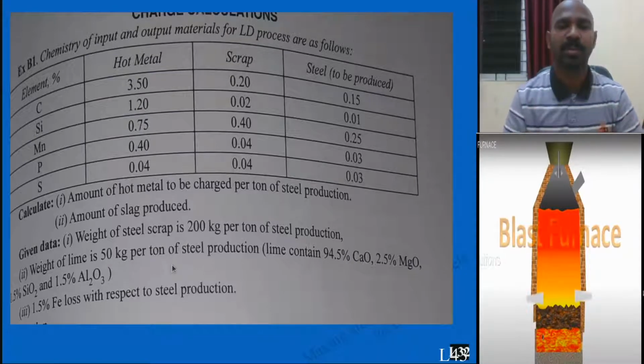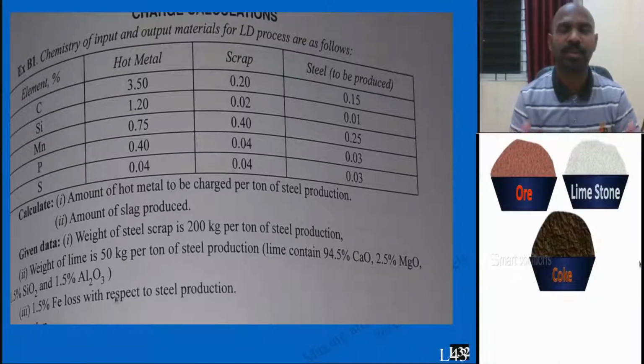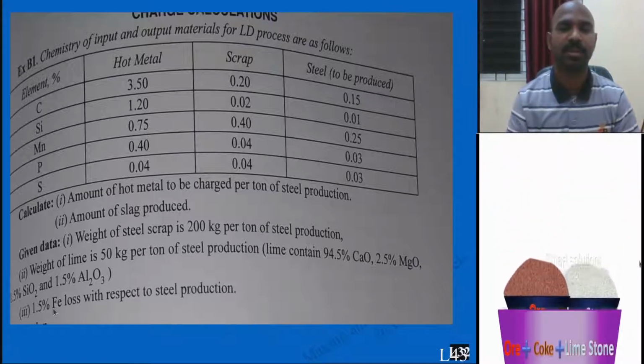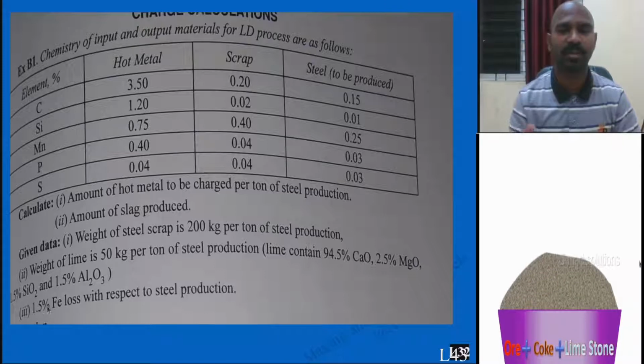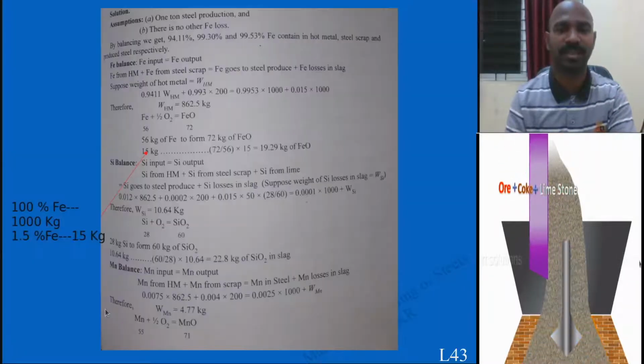This is also given. Another thing is also mentioned: 1.5% iron loss with respect to steel production. That means iron is lost in slag form, that is FeO. The FeO is 1.5%. Now you can calculate in weight. This is also given. Now going to the solution.